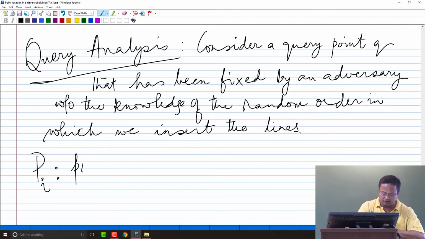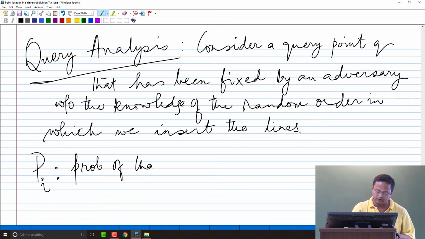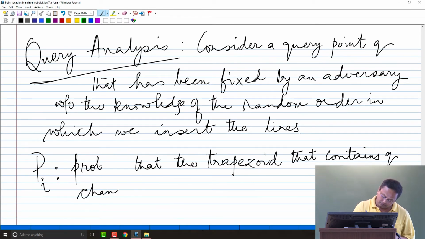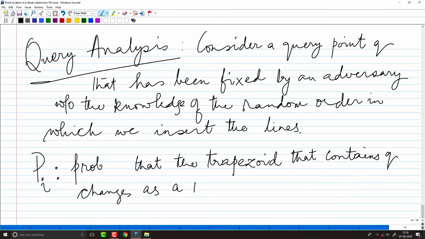It is the probability of the event that the trapezoid that contains Q changes as a result of the ith insertion.